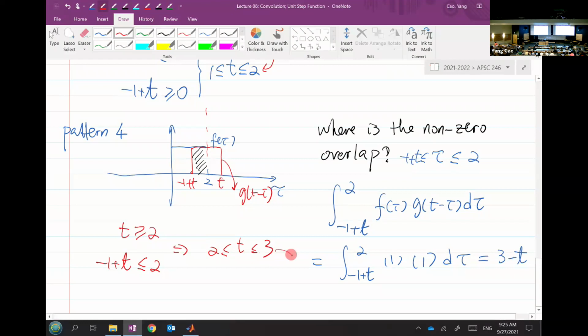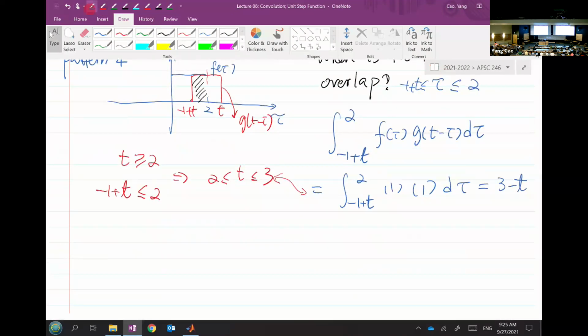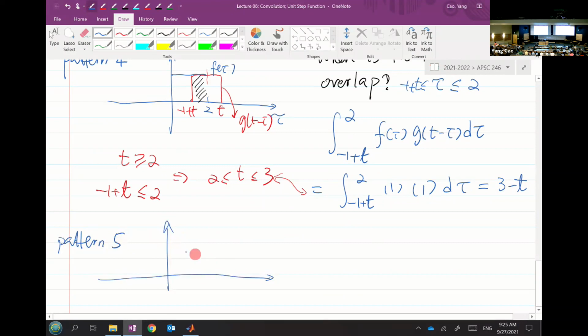So now you can see that within this range of t shifting, you get a convolution value of 3 minus t. Okay, so last pattern, number 5. Now the box is completely shifted out of the range.